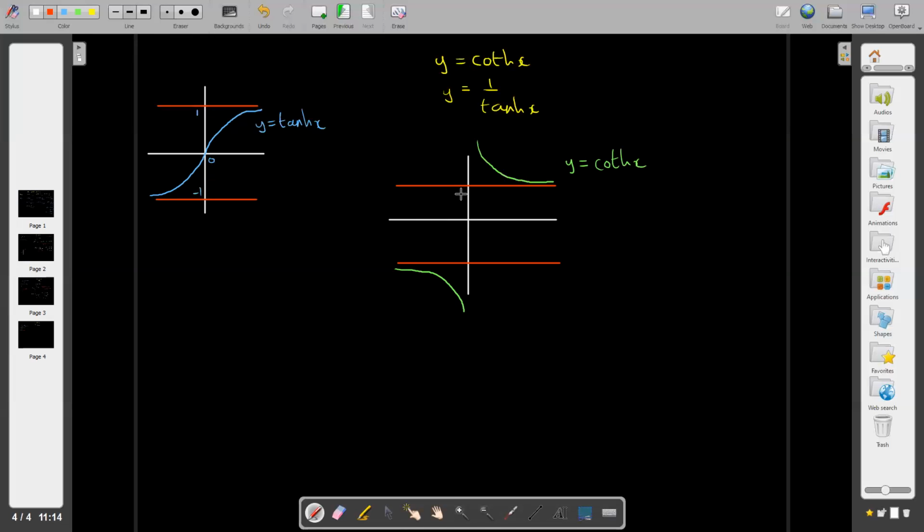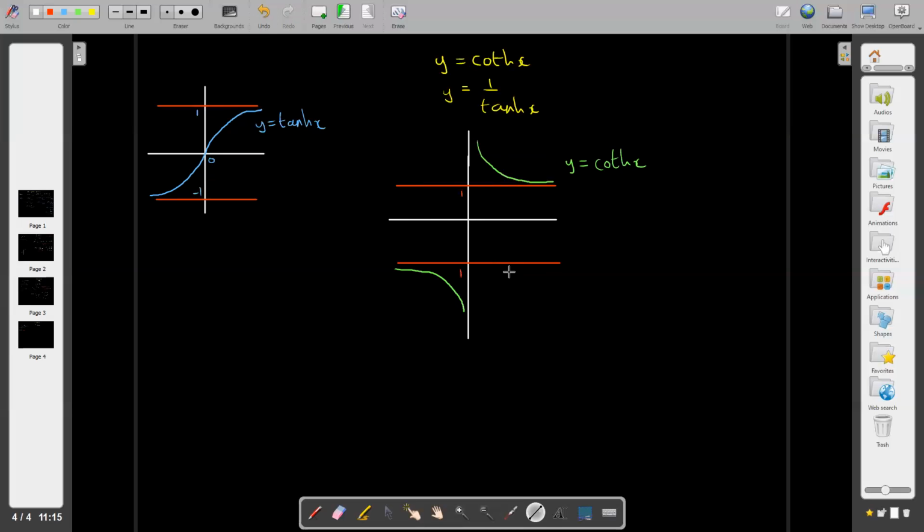This is the 1. Now notice when we're dividing by 0, we're going to have the asymptote again. So this is going to be getting closer and closer. So there's going to be an asymptote here, an asymptote this way and down this way. There we go. Okay, so this is our graph of coth x.